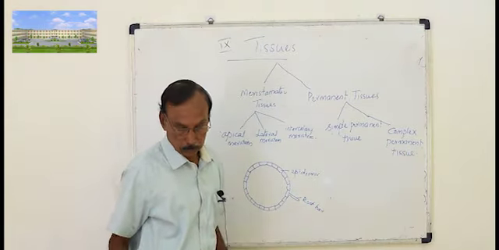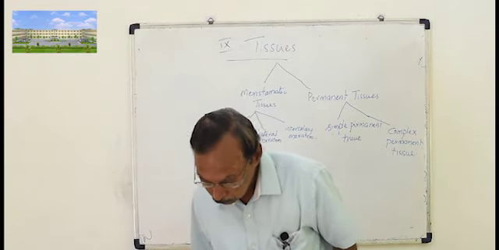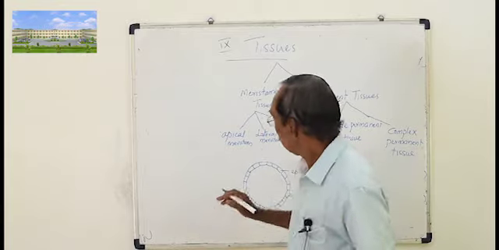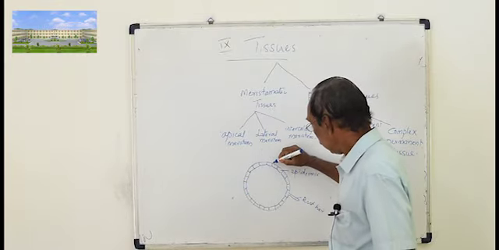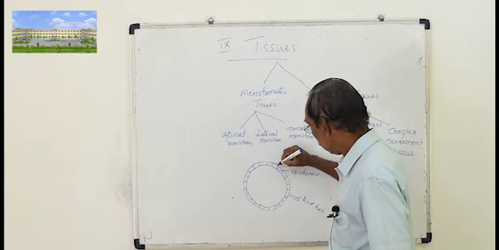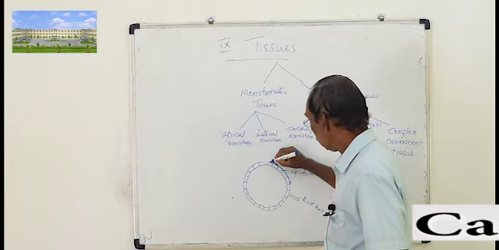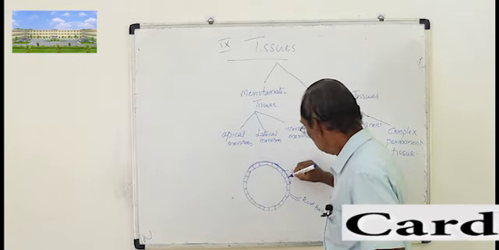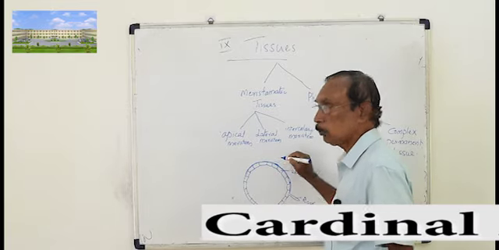In desert plants, the epidermis will have a waxy covering. The function of this waxy covering is to protect the plants from evaporation of water.